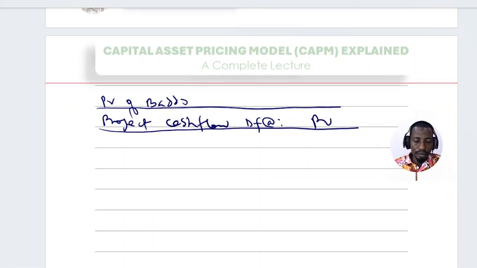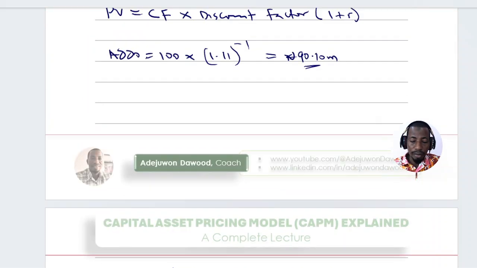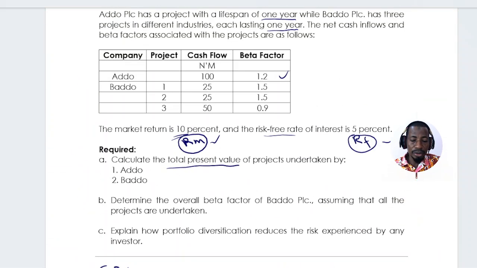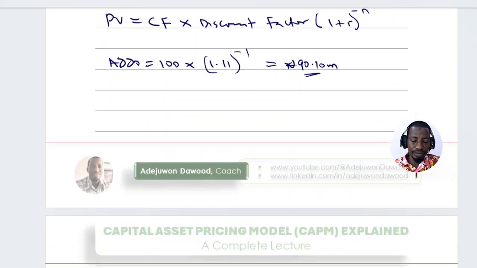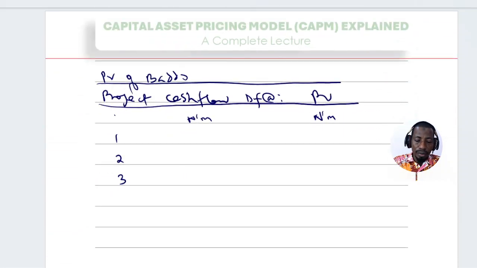Okay, so we have project 1, project 2, project 3. Of course, cash flows are in million naira. The cash flow given for the projects for Bado is 25, 25, and then 50.